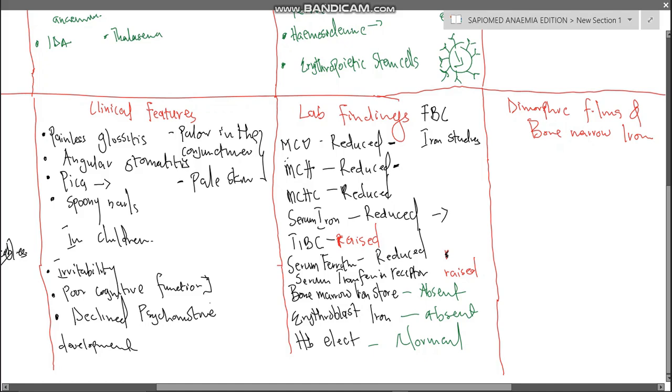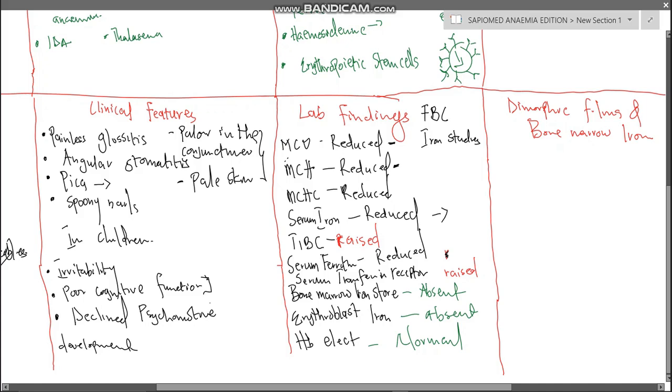This one is a compensatory mechanism to the reduced iron. Once there's a reduction in iron, the total iron binding capacity is expected to be raised. When you see that total iron binding capacity is high, it means there is iron deficiency anemia.